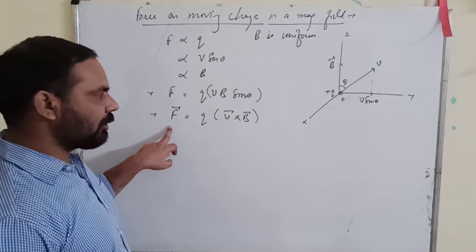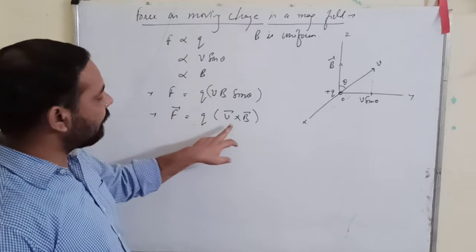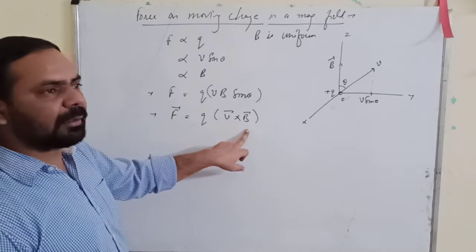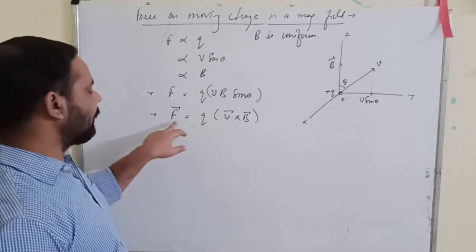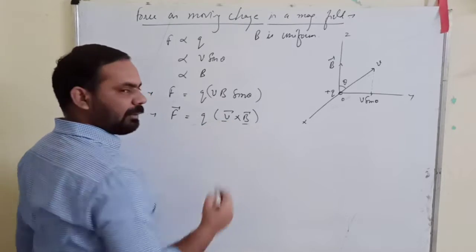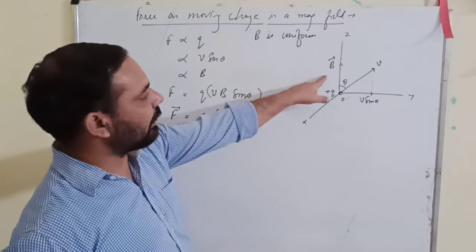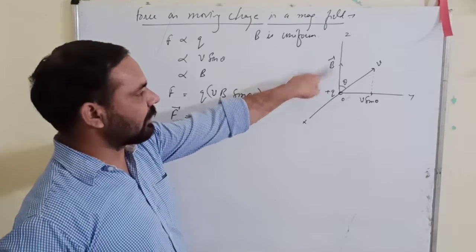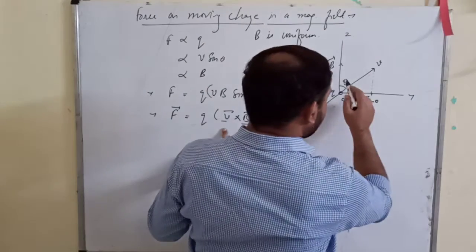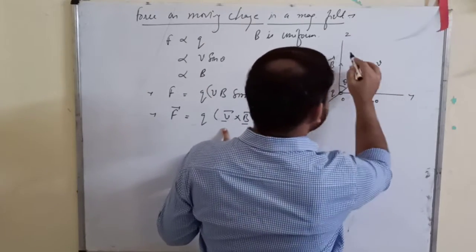Now what is the direction of the F vector? It will be given by the direction of V vector cross B vector. The cross product vector will be perpendicular to both V vector and B vector. Now B vector is along the Z axis, and V vector is in the YZ plane.